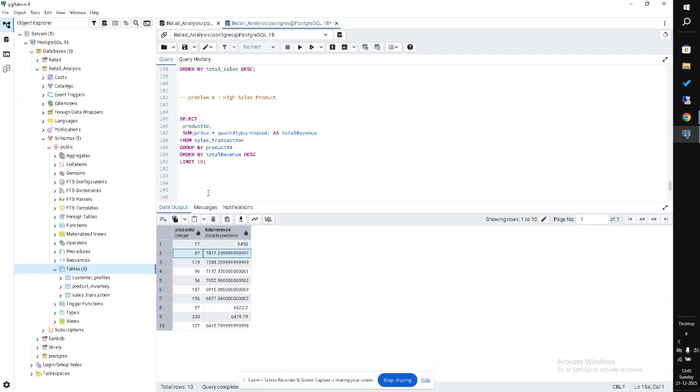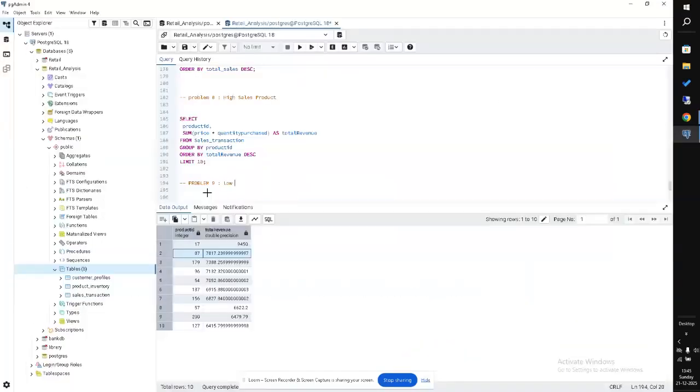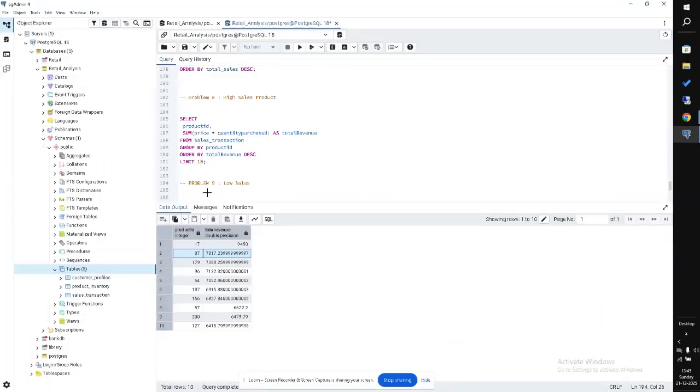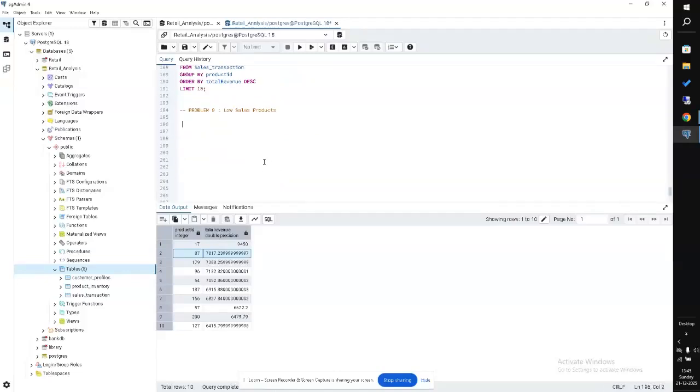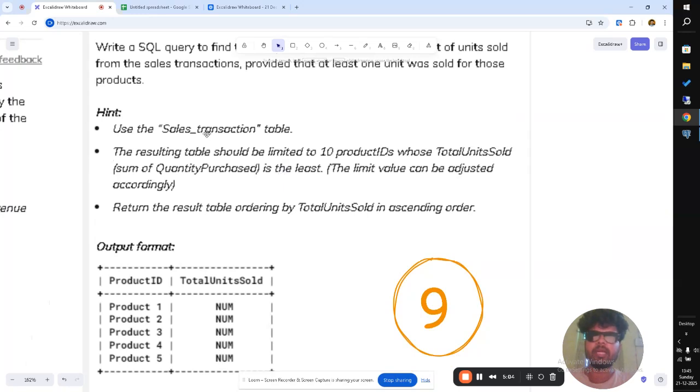So let's see. Problem number 9, low sell products. So we are saying select product ID. Yes, they want product ID. We're using the sales transaction table. The result should be limited to 10.